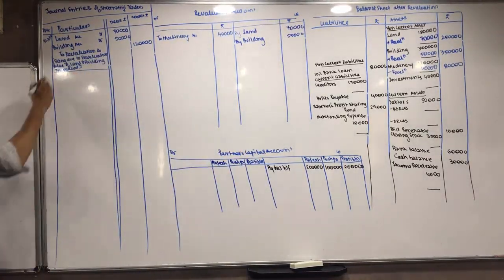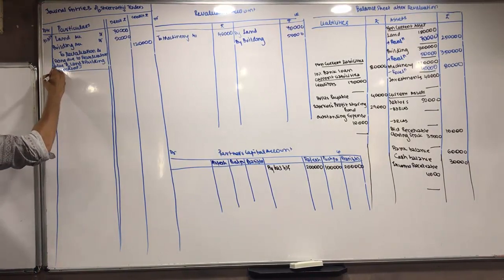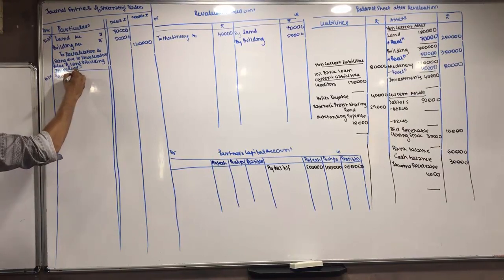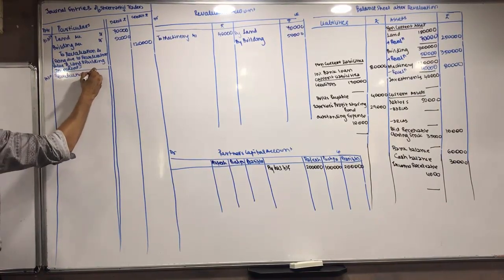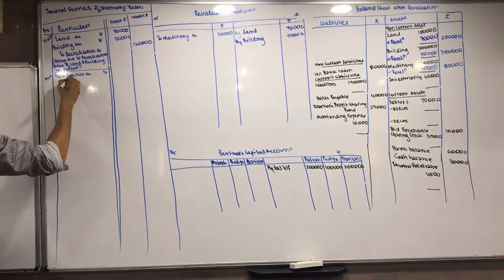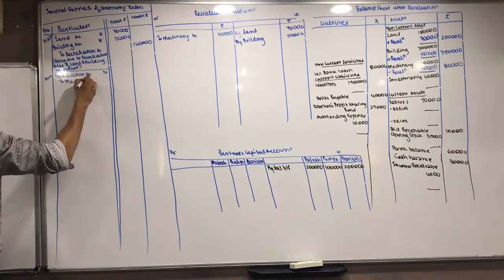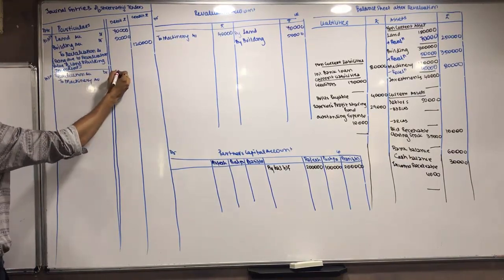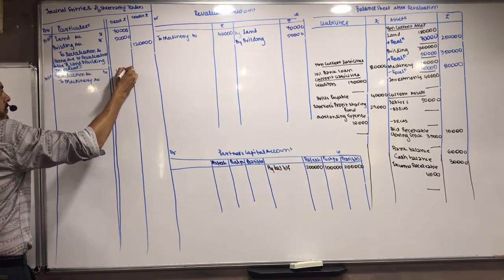Can we pass the journal entry? Now revaluation account debit to machinery account 40,000.